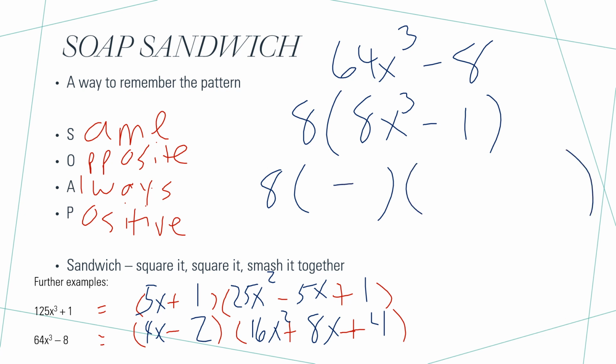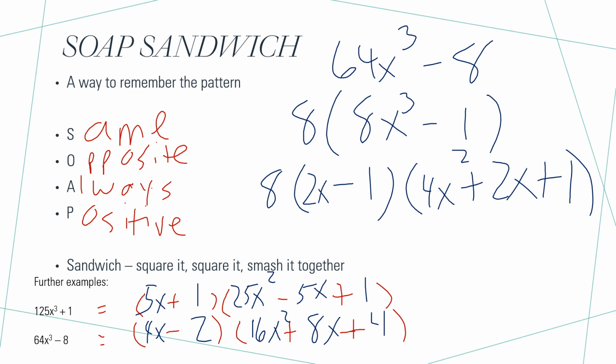So same, opposite, always positive. What to the third power gives me 8? That's 2. What to the third power gives me x cubed? That's x. What to the third power gives me 1 is 1. And then I would square it, smash it together. Or you can actually keep the factoring that you've got and look for the GCF inside of it.